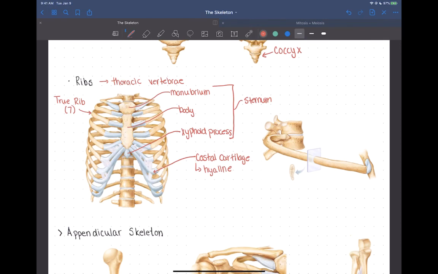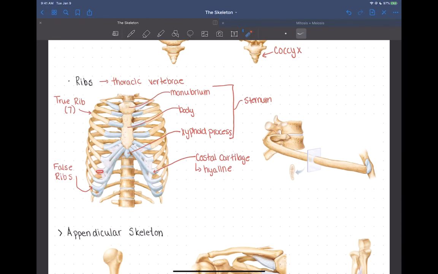So you have 7 true ribs, and then you have 3 false ribs. False ribs share cartilage. If they had asked me when they were naming these, I would have said there are 4 false ribs, but remember there's 3. So it's 1, 2, 3. I would have also said this is a false rib because it's sharing cartilage with these other 3, but that's not the case.